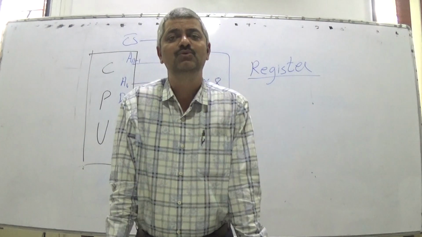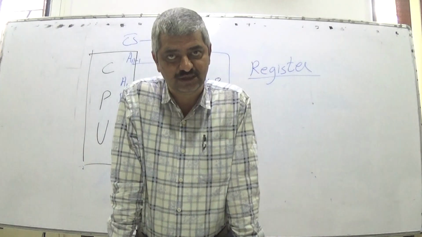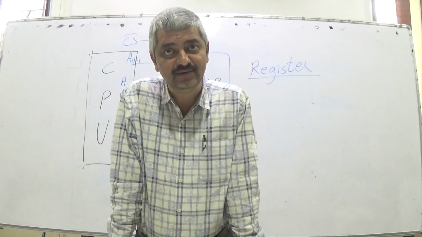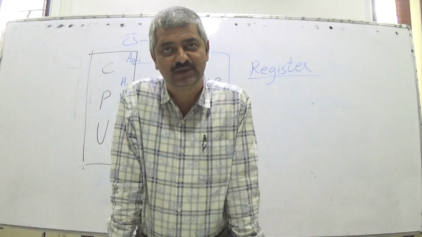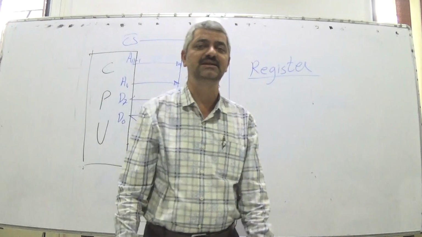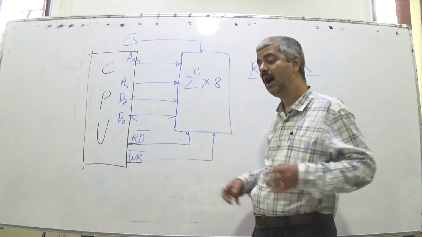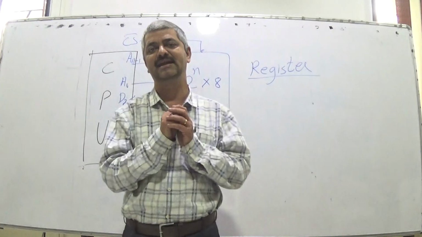So inside the CPU there are registers, there is an arithmetic logic unit and a program counter. That is important. You should start from somewhere. We will be discussing in the next lecture the exact details of how CPU operation can take place.